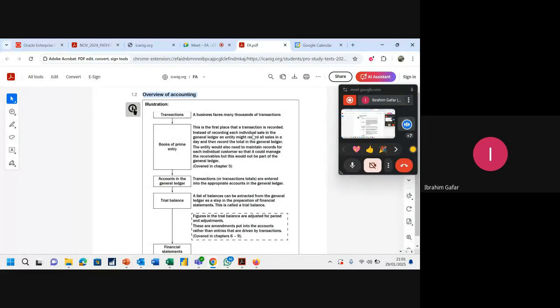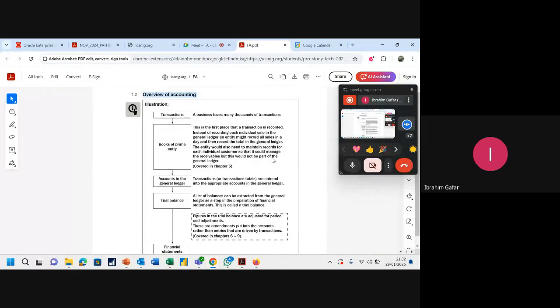That is the way they usually do it. So the book of prime entry is the first place you record a transaction initially, before you then take it to the proper ledger that is supposed to be.